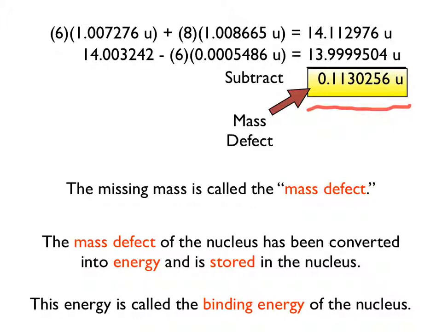This is called the mass defect, which is probably a corruption of mass deficit. It's the missing mass, but it's called the mass defect. The mass defect of the nucleus has been converted into energy, and it's stored in the nucleus as a form of potential energy. The energy is called binding energy, the binding energy of the nucleus.